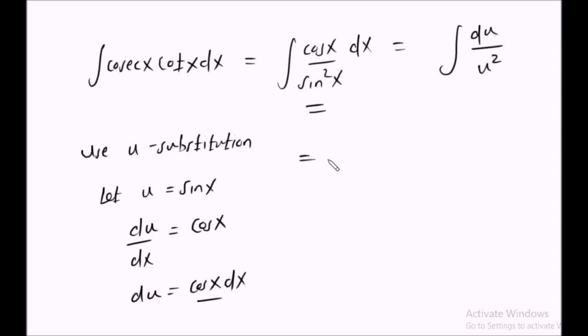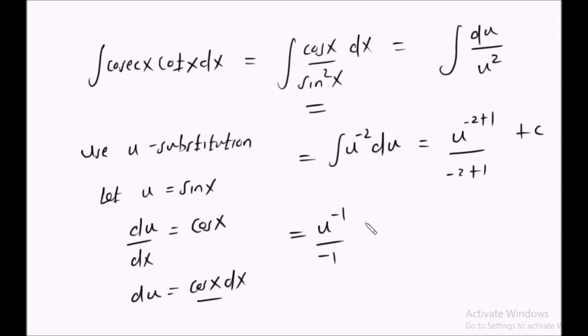So hiyo ni sasa tunasema ni integrate hivi u power -2. So hii ni sasa tuna u power -2 plus 1 over -2 plus 1 plus c. Kwa hiyo huku juu sasa napata u power -1 over -1 plus c. Kwa hiyo hii itakuwa sasa na -1 over u plus c. But what is u? U is sin x.